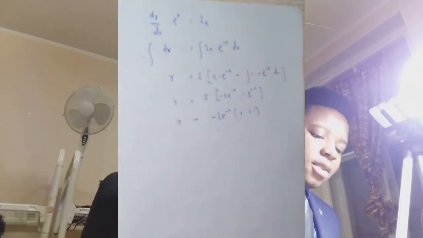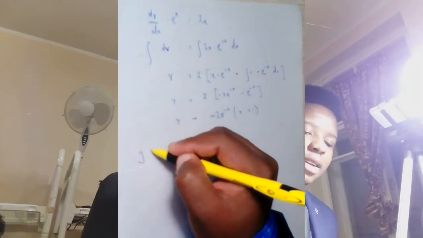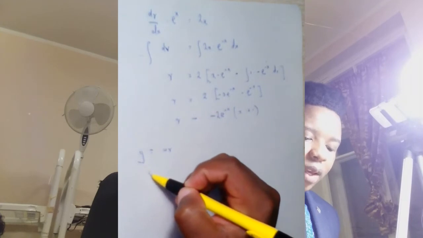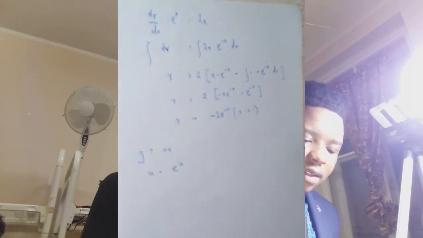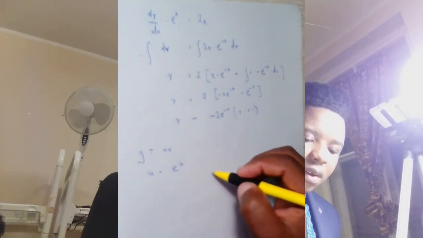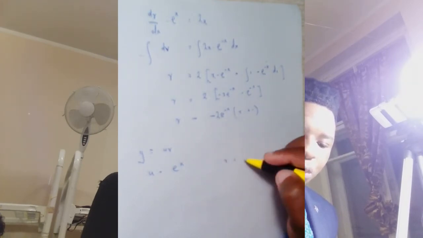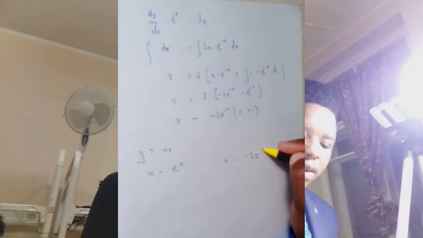Earlier we had substituted y with uv, and now u is equal to exponent of x and v is equal to negative 2 exponent negative x, x plus 1.